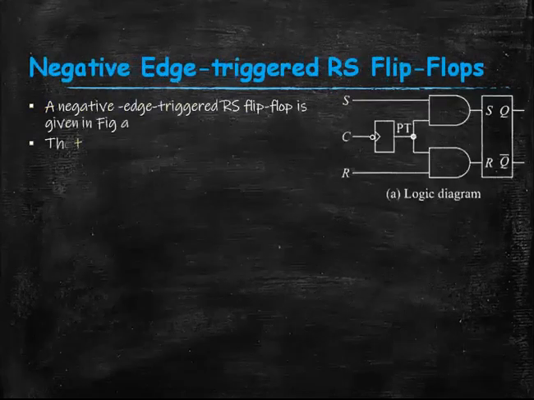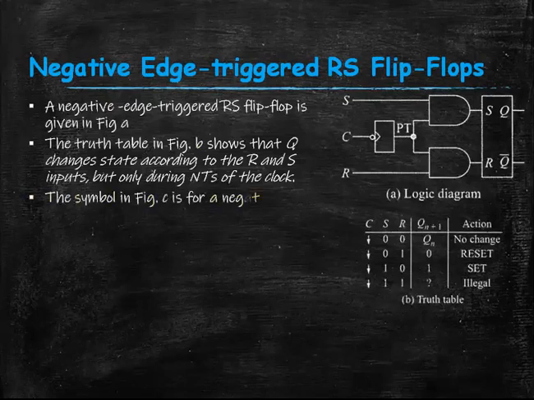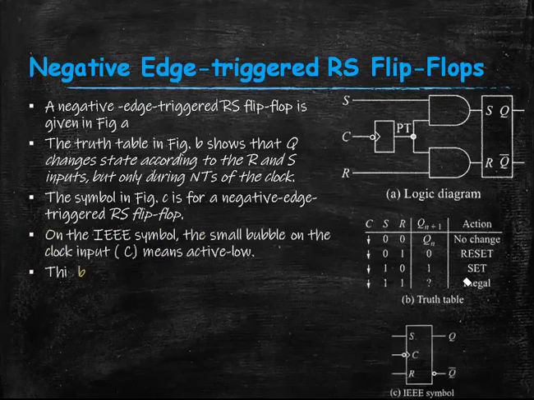In the negative edge trigger RS flip-flop also 1 1 is an illegal case.